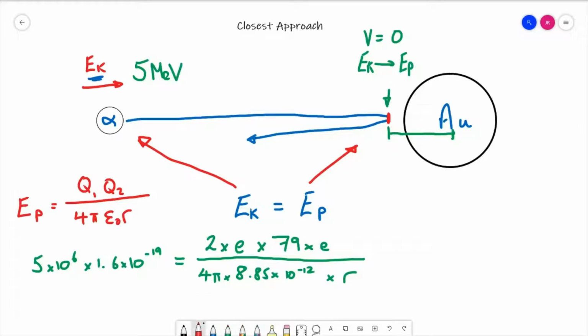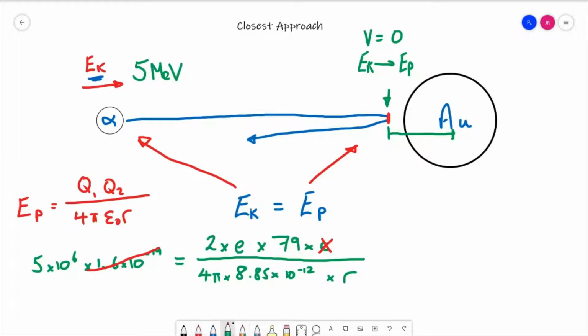First though, we notice that we can do a little bit of cancellation here. We can cancel this 1.6 times 10 to the minus 19 with one of these on the right hand side, because obviously e is 1.6 times 10 to the minus 19 as well. Let's rearrange that.